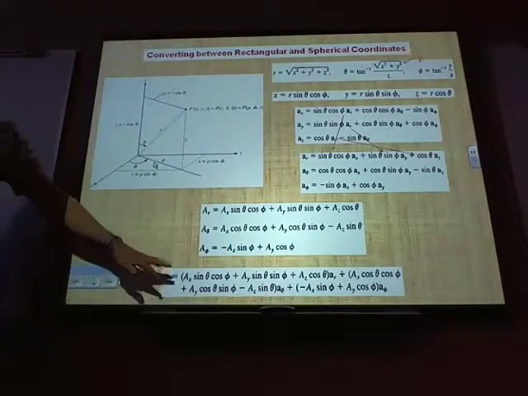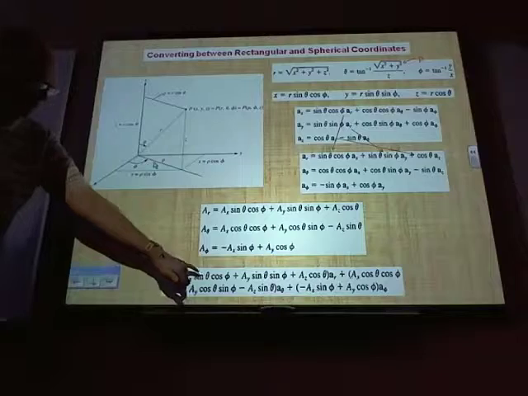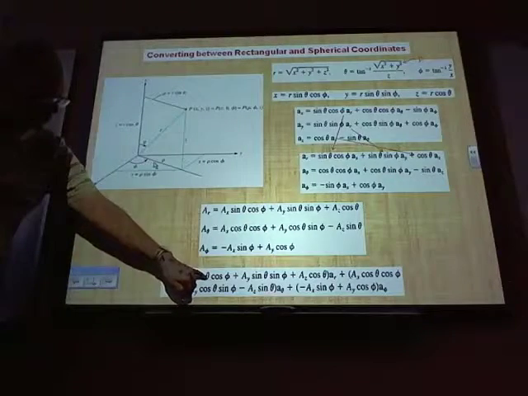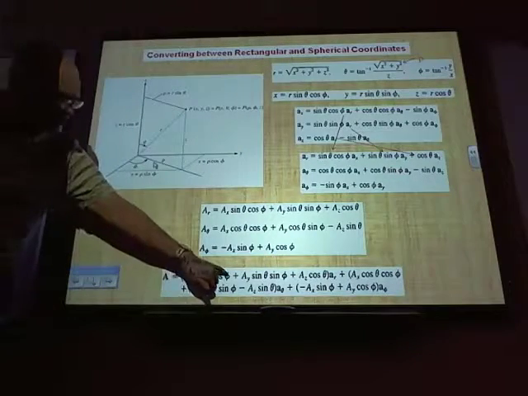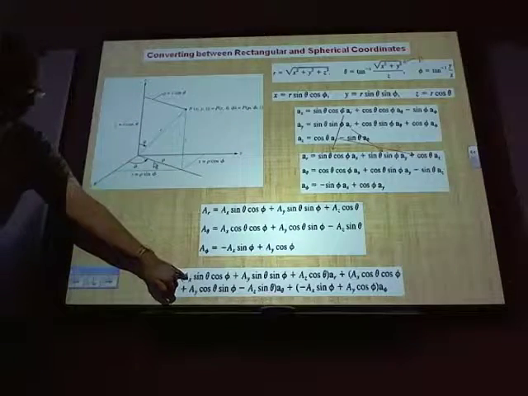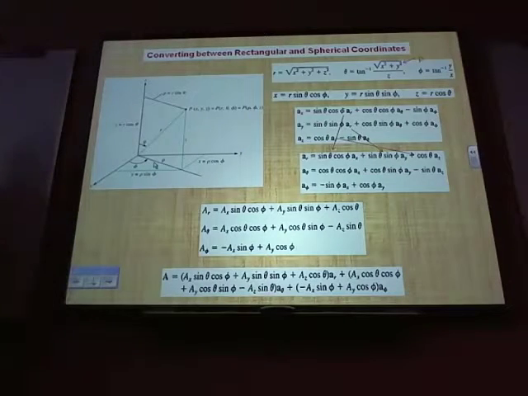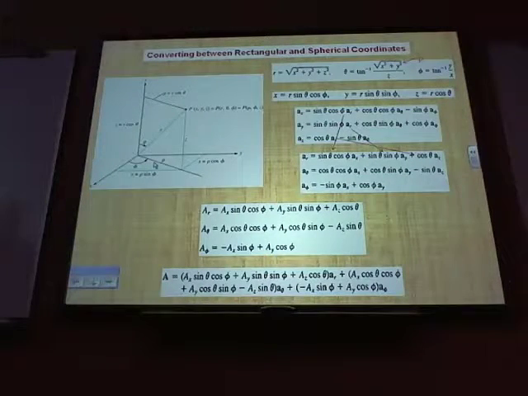So what would you do if you had AX, AY, and AZ? How would you convert it? Well, depending on where you are in space, you have to know your point. You have to know your theta and your phi out there in space at that particular point. Then you take your AX component and you multiply by these, evaluated at theta and phi. Does that make sense? You've got a place out here in space.